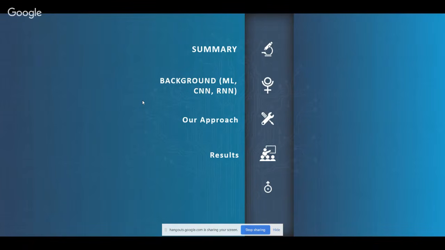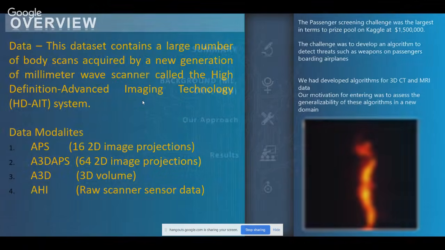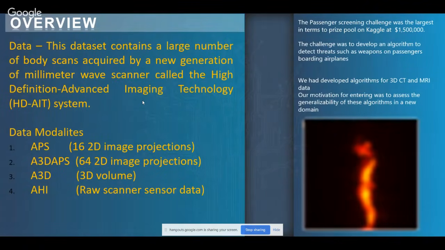So as I discussed earlier, Kaggle provided us data sets for the challenge. The passenger screening challenge was the largest in terms of prize pool at $1.5 million. They provided us data in 4 different modalities: an APS data set where we had 16 projections of the image.